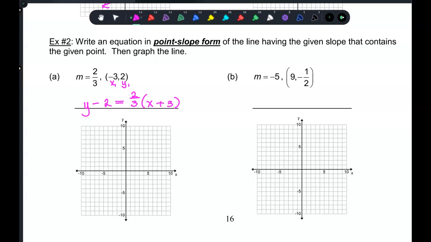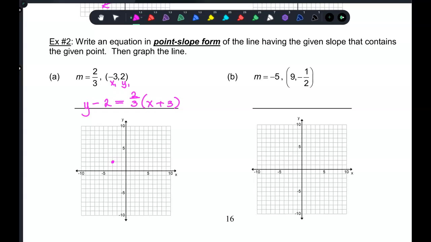If this is a negative, right, because we're subtracting it. Okay, now we're going to graph it. We don't need to put this in slope-intercept form. What point do we have? Negative 3, comma 2. So start with negative 3, 2. I don't know what the y-intercept is. I could distribute this, but we don't need to do that. Just start with the point.